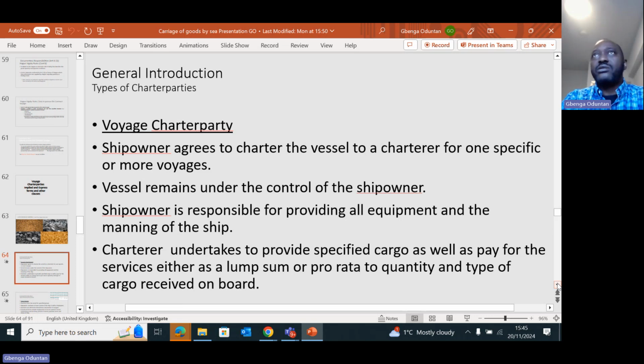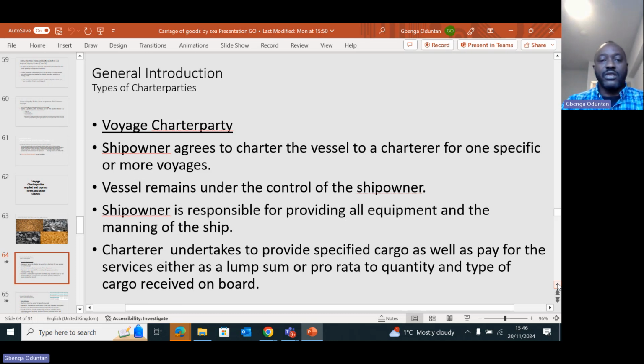and there are roughly 2 types of charter parties, even though in practice people identify more subcategories. The first one is the voyage charter party, and the next one is the time charter party. Each one of them might hide other categories, but we'll stick with the 2 broad categories for now.